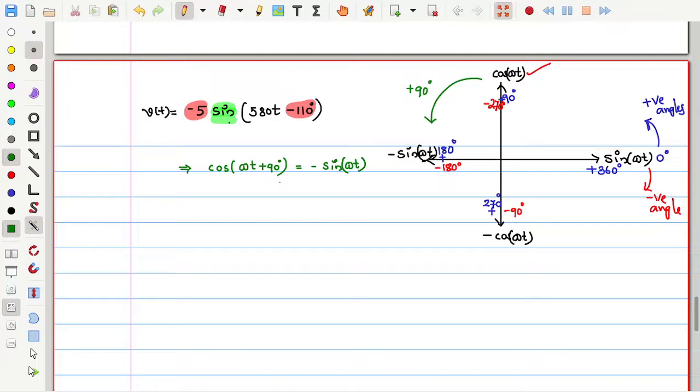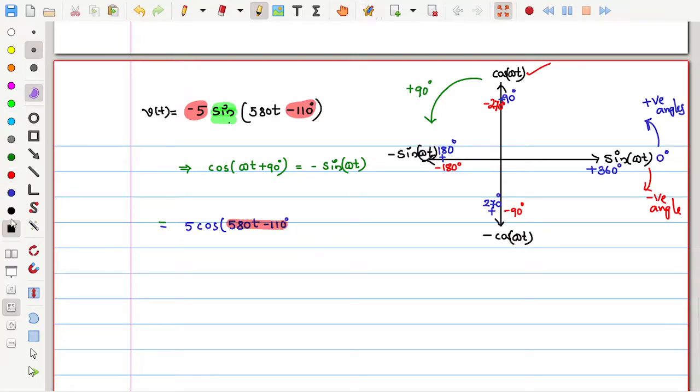So now with this formulation, can I make in the above expression, this minus I will take out, then I will write 5 cos of 580 t minus 110 plus 90, where minus 110 is already available, this entire thing is already available.